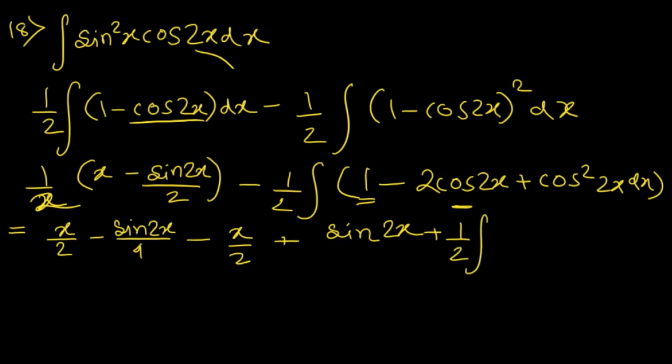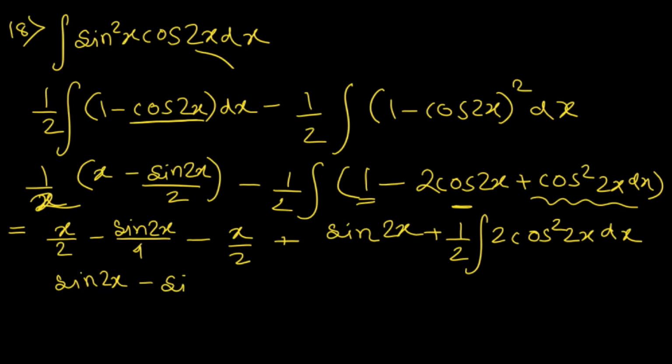So now integration of this term is left only. This is not a standard formula, so we need to simplify it more so that it comes to be a standard formula. So 1 by 2 cos square 2x dx. Now whatever we can get is that sin 2x minus sin 2x by 4.